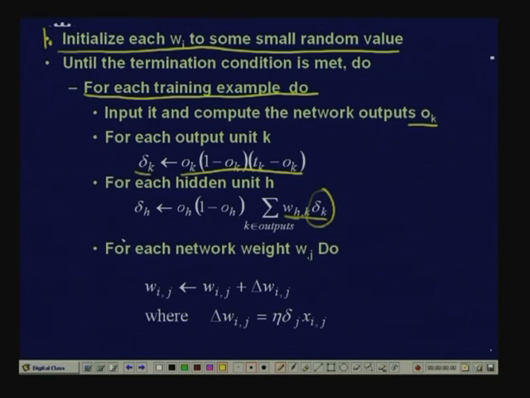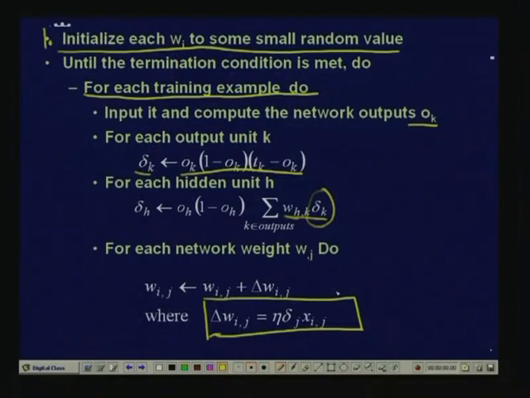So, after we have computed delta k at all the units, both the output units as well as the hidden units, we update the network weights as follows. Wij is updated as Wij plus delta Wij, and delta Wij is equal to eta delta j times Xij. So, you see the actual algorithm is quite simple to implement.